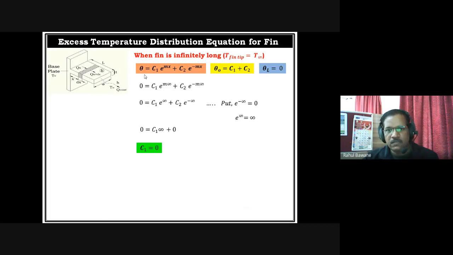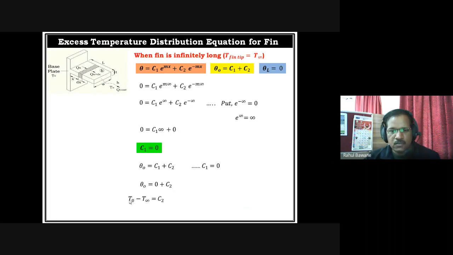Previously, we had this equation for excess temperature distribution. We got theta 0 equals C1 plus C2. Then we got the value theta L is 0. Now we reach the conclusion that C1 is 0 for an infinitely long fin. Now from this relation, theta 0 is equal to C1 plus C2. If I put the value of C1 as 0, theta 0 is equal to C2.